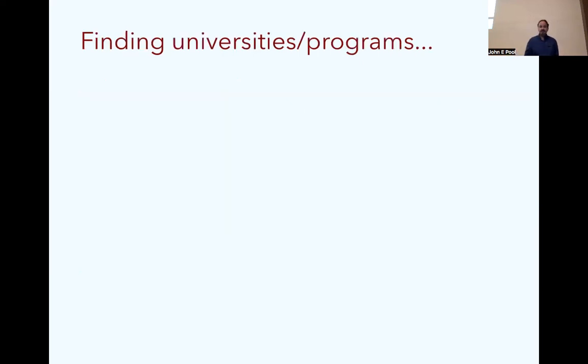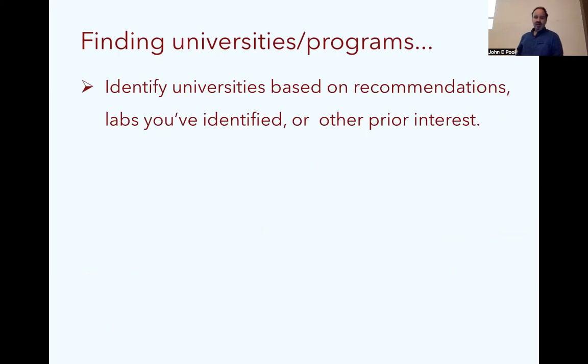So in terms of which programs to apply for, I've been talking about labs specifically. But based on the labs that you've identified, I've been suggesting that you probably want to focus on universities and specific programs at those universities that have at least a couple of labs that interest you.